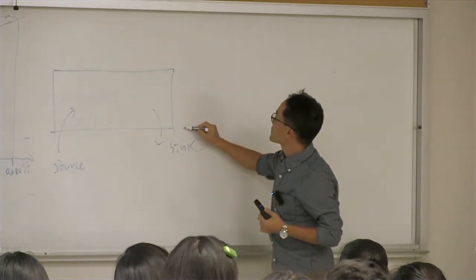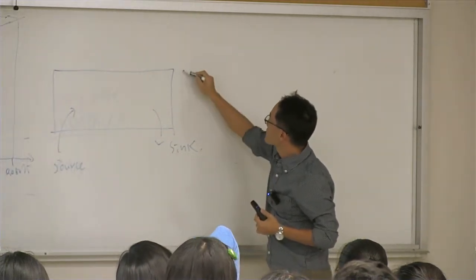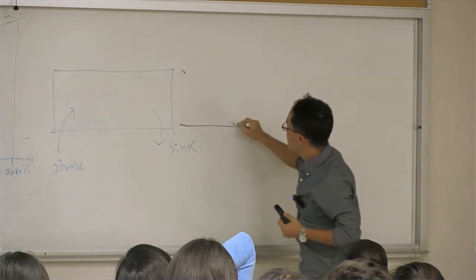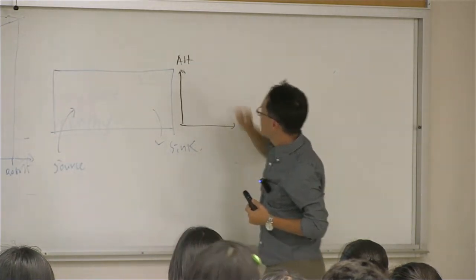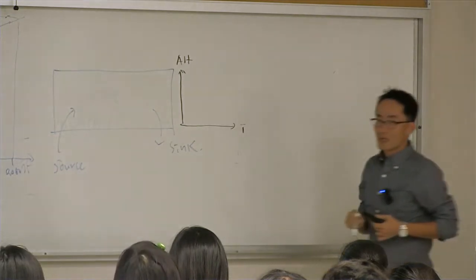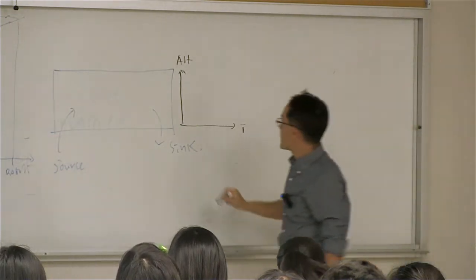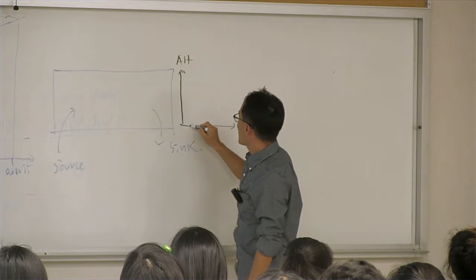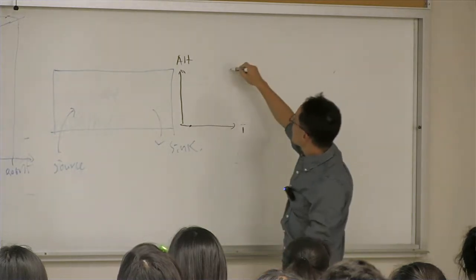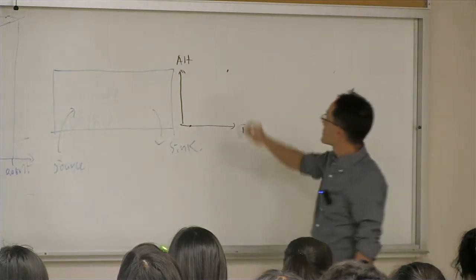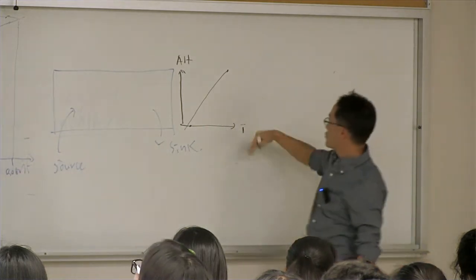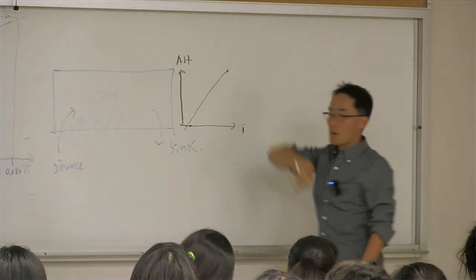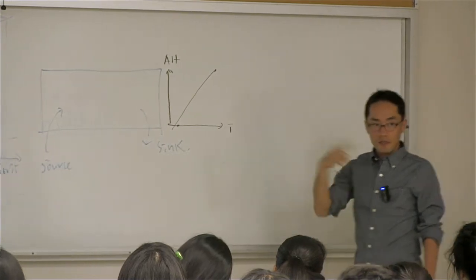What that means is, let me just make a plot right here. This is altitude, and this is temperature. Temperature inversion means that at the surface, temperature is lower than the temperature up high. So the temperature profile goes this way. As you go up high, the temperature increases.